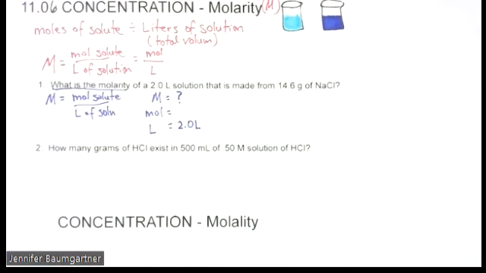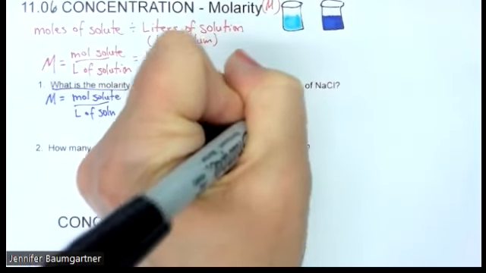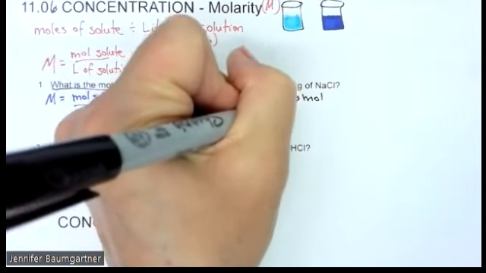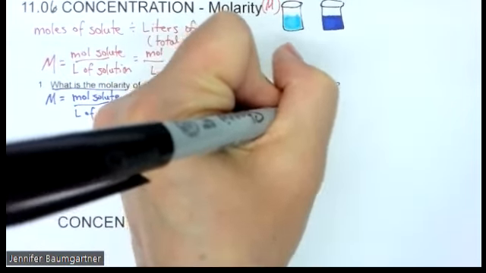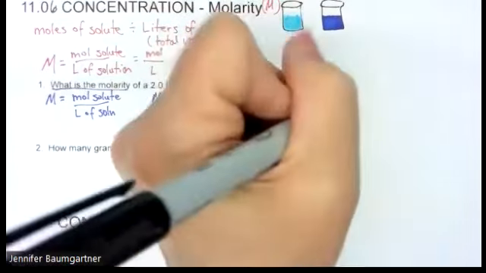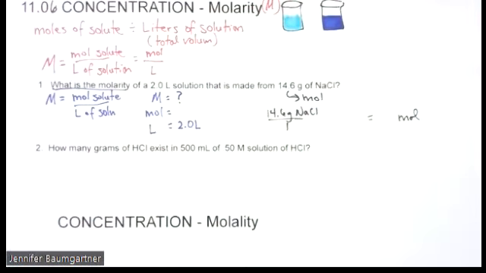But now I need moles. They give it to me in grams. And by now, you guys should be pros at doing mole mass conversions. So I have to convert this to moles. I'm starting off with 14.6 grams of NaCl, and I'm going to put that over 1. To go to moles, if you don't remember, use your diagram, we're going to use molar mass.